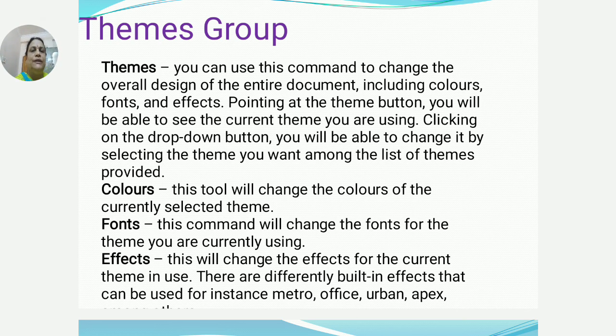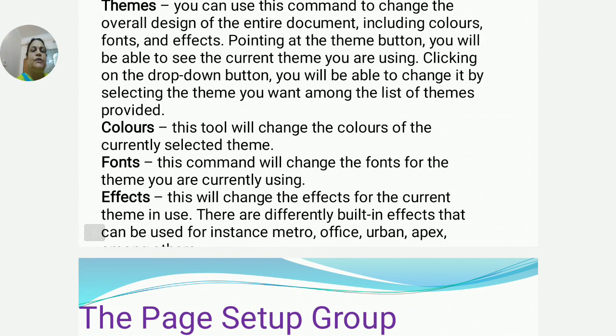Next command is Colors. This tool is used to change the colors of the currently selected theme. Fonts, this command is used for changing the fonts of the theme you are currently using. Next, Effects, this will change the effects for the current theme.